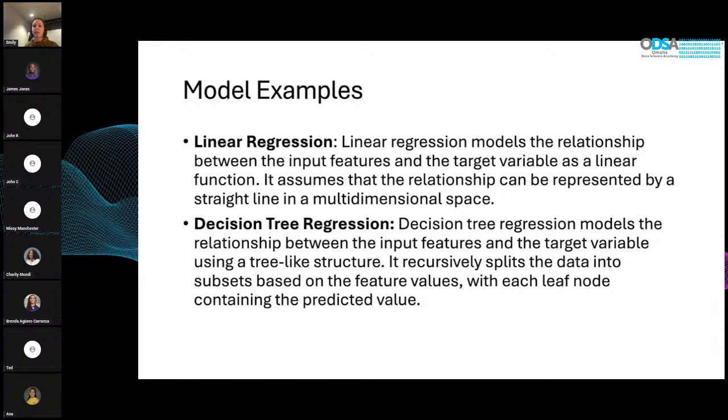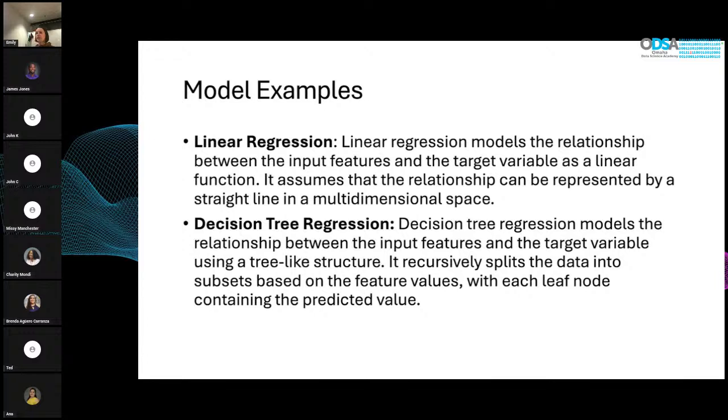Last thing I'll say here about regression, I know you are all familiar with it. Again, just trying to get your head back in that space. Here are some examples of different modeling techniques that we've talked about in the previous class, and that's linear regression. We spent a lot of time talking about linear models and their relationship between the input feature and that target variable.